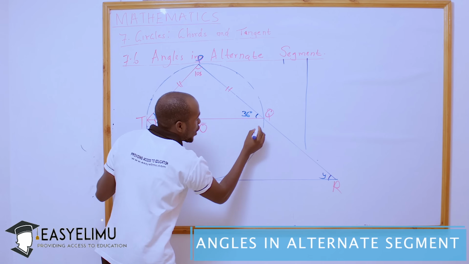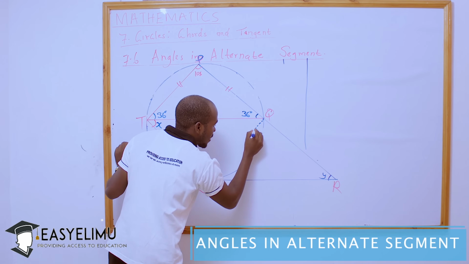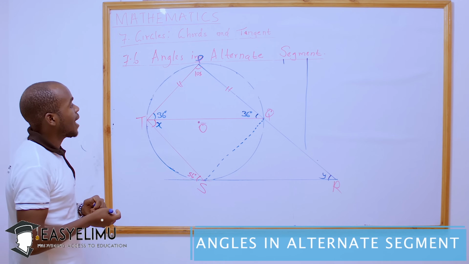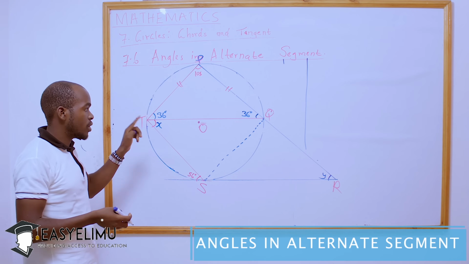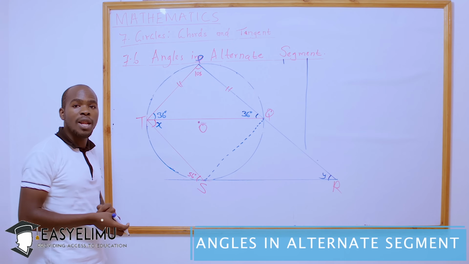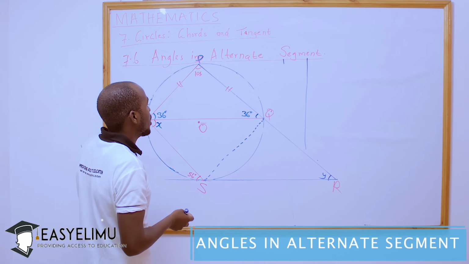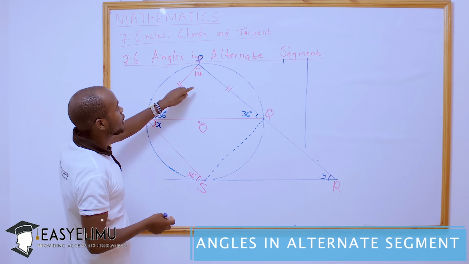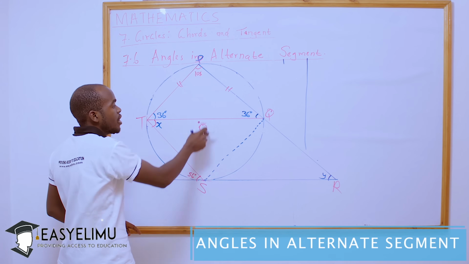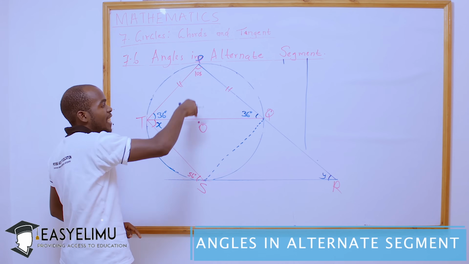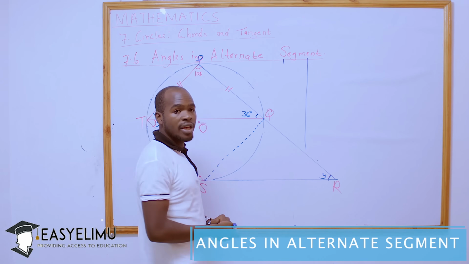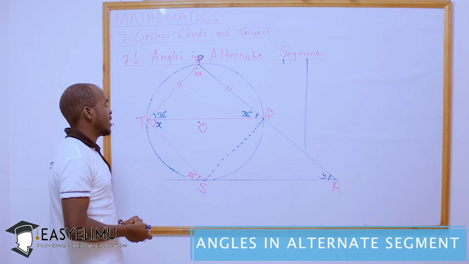So that is the first measure we have found. Now I will make this a complete quadrilateral in that circle. If that one is a complete quadrilateral, then from the formula I had already given you, if you take this 108 and add it to the opposite angle in a cyclic quadrilateral, you should get 180 degrees.